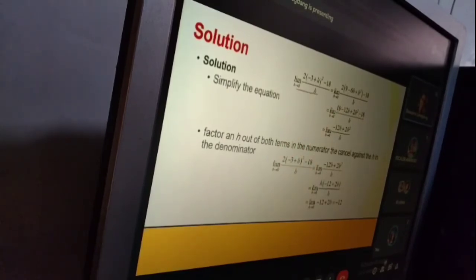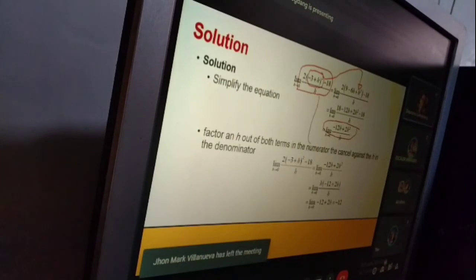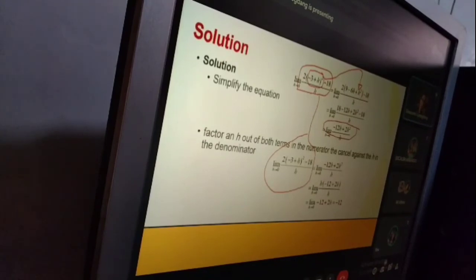Ito yung given natin. Ang ginawa natin, in-expand natin ito, tapos dinistribute, tapos nagiging ganito na siya. Original given yun, na kung saan in-expand lang natin ito. Equal na sila kasi nire-write lang natin.